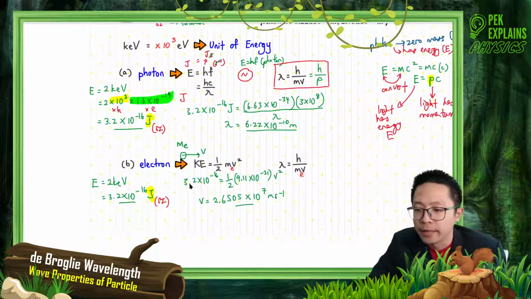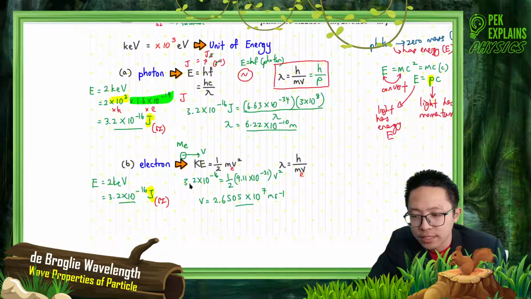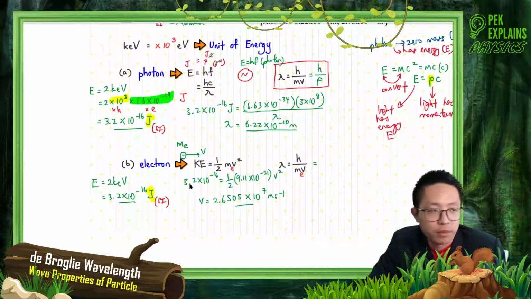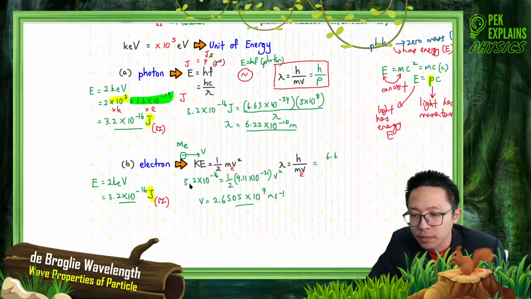Now what is the wavelength? Just use the de Broglie formula here, substitute the velocity and the mass of electron to get the answer.